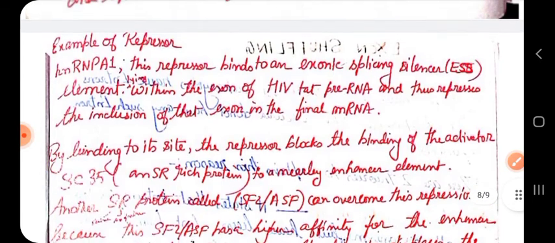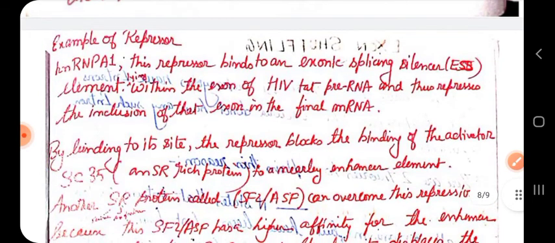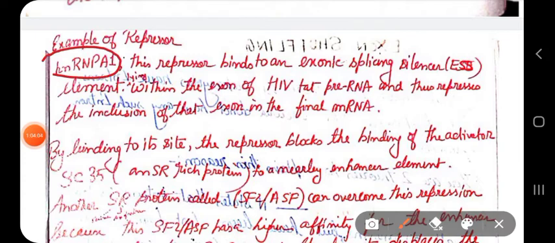If I say more specifically about this repressor protein, it would be as follows.